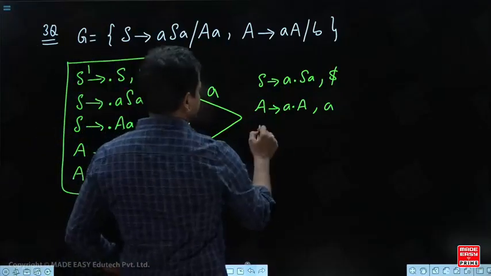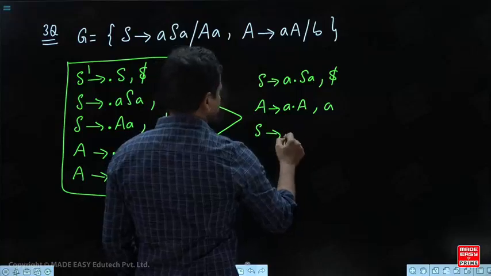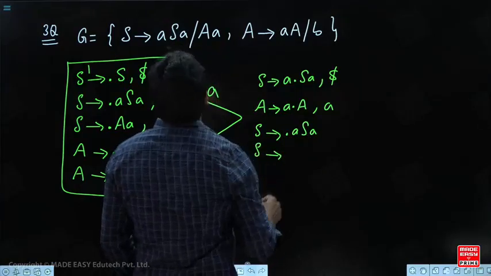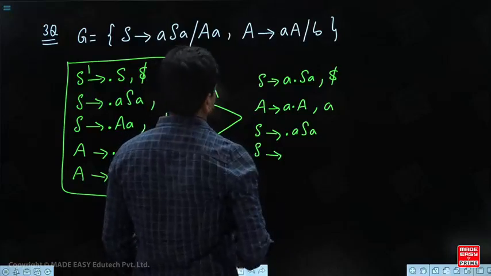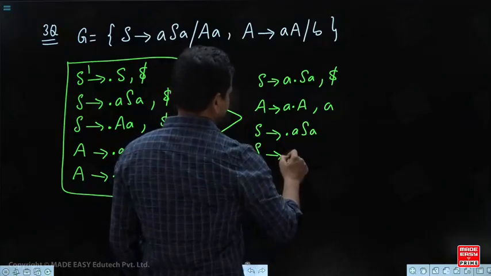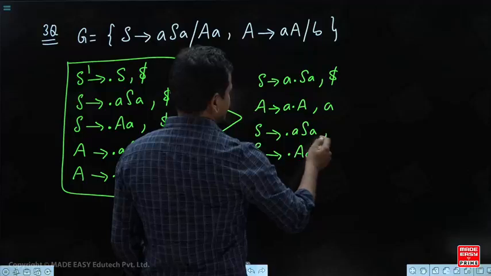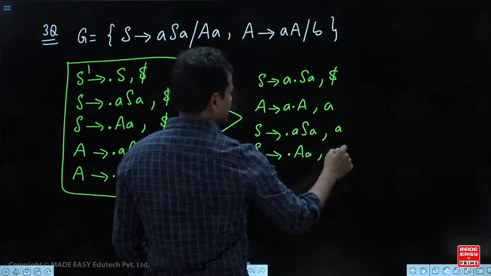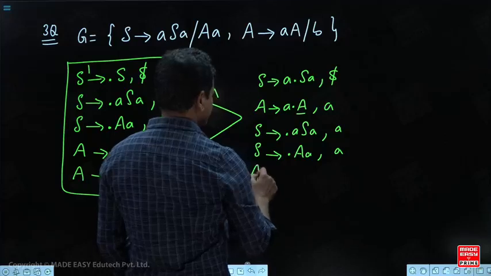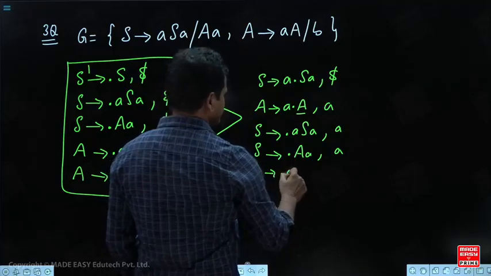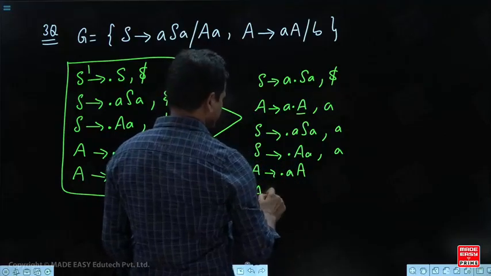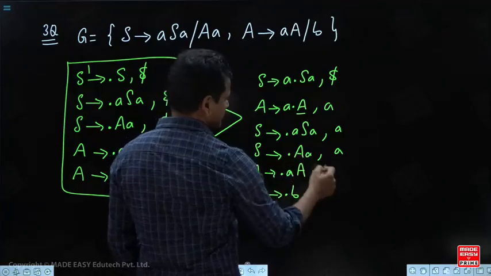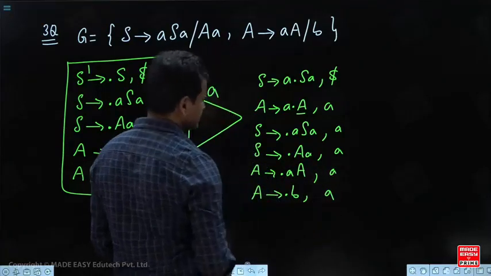Now dot after S, add every production of S. S has two productions, ASA and AA. So these two productions we added from this place, and S after a, so look ahead will be a. And dot after A, so add every production of A. One is AA and the other one is b. A after small a.